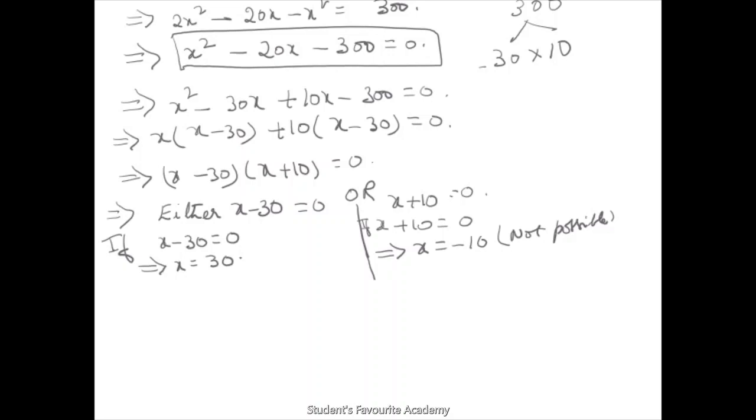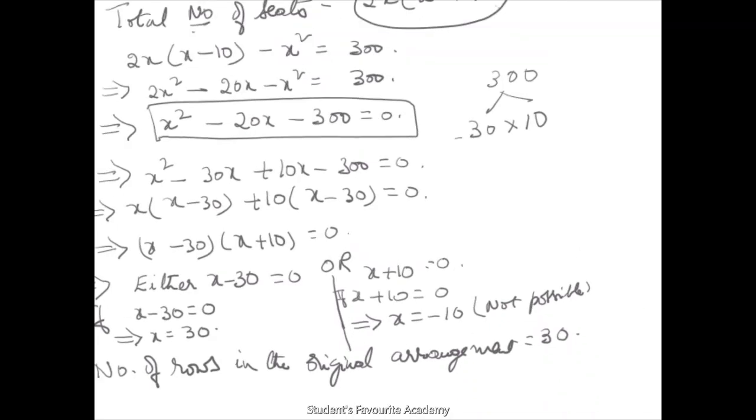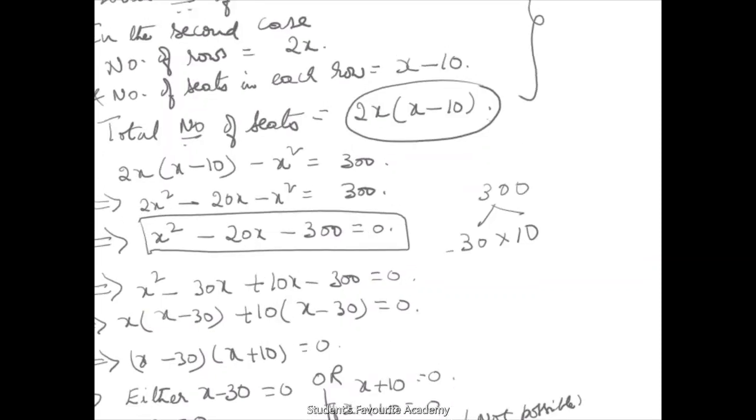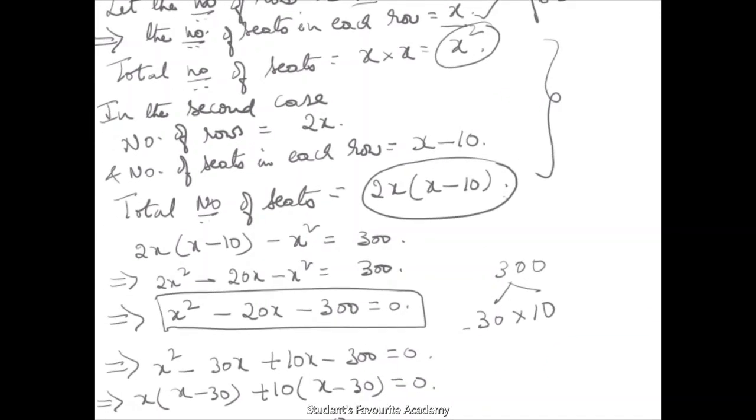So therefore x is equal to 30 is the answer. So the first answer, that is number of rows in the original arrangement, is equal to 30. Now they want number of seats after rearrangement. So now number of seats after rearrangement is what? Number of seats after rearrangement, that is in the second case.